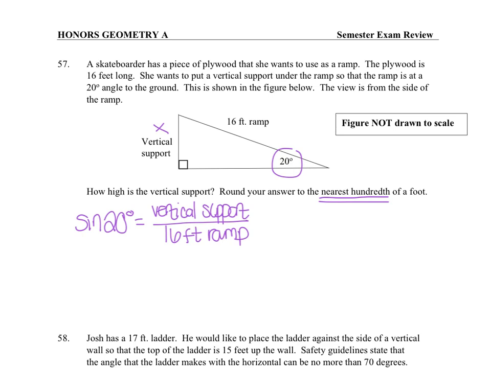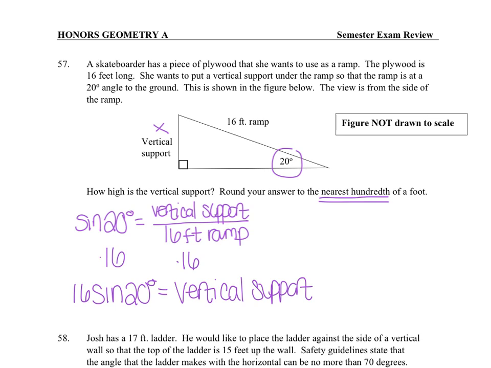I can use x to represent the vertical support, but I know that I need to get the vertical support by itself. So if I have division right here, to get rid of that, we multiply both sides by the denominator. Therefore, we know 16 times sine of 20 degrees is going to equal our vertical support.